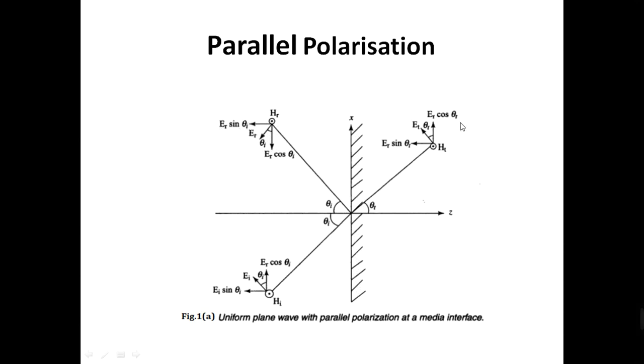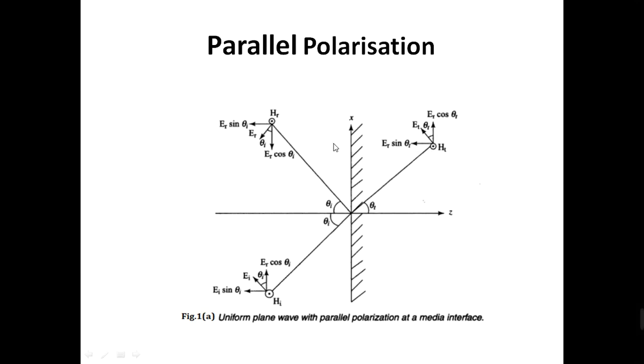And similarly, in medium 2, the electric field vector of the transmitted wave is resolved into two orthogonal components. One component along the boundary, another component is normal to the boundary.